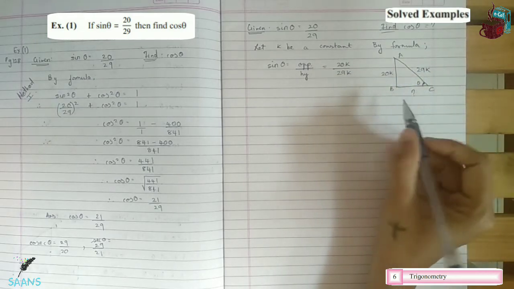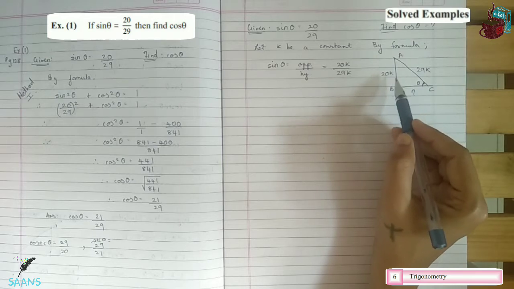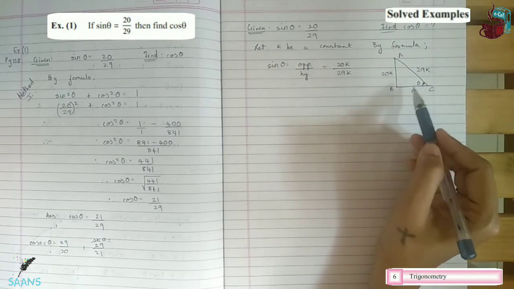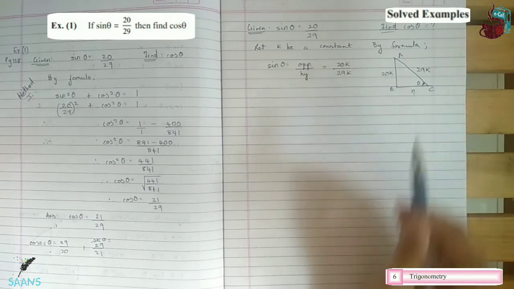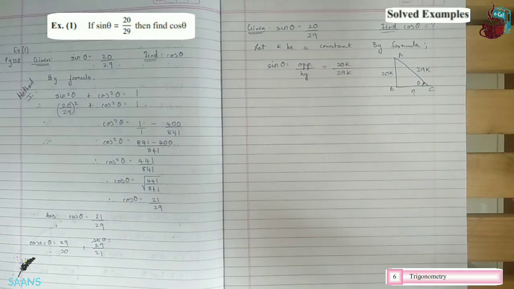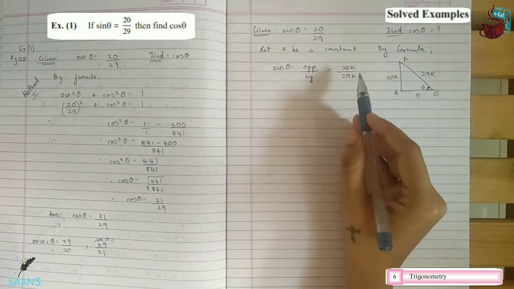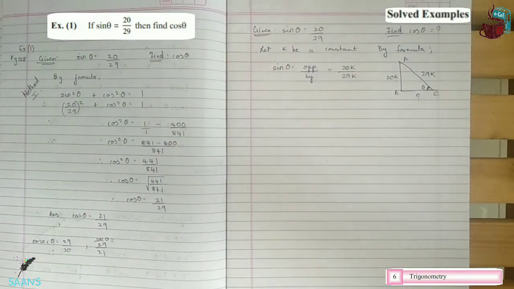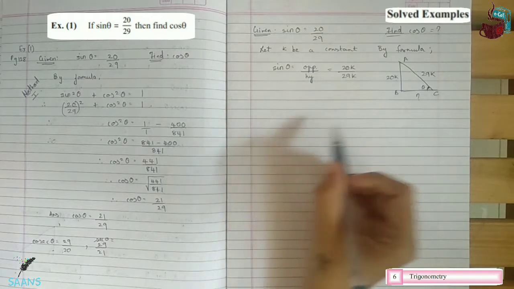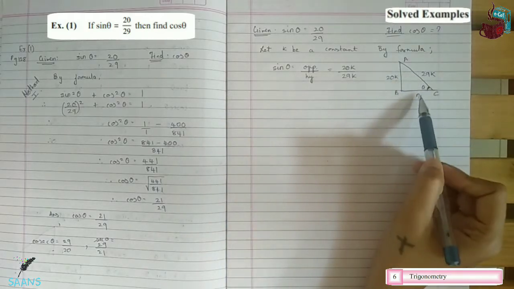So this is not 20, it is some multiple of 20. So this k is a constant. Let's continue.